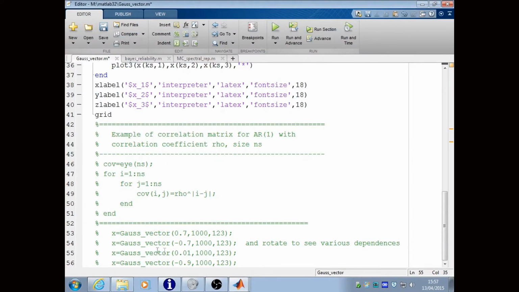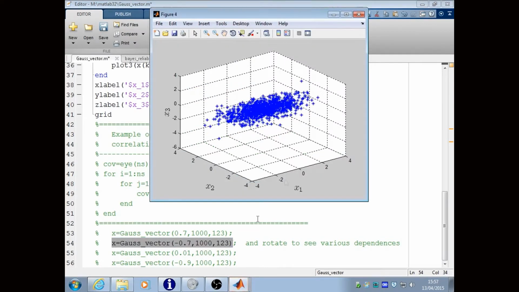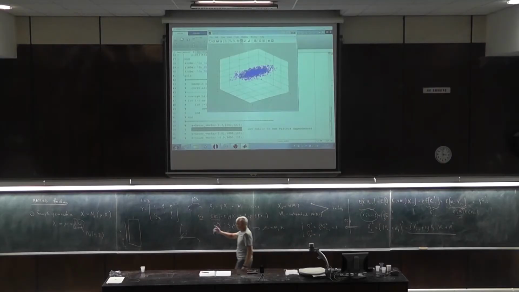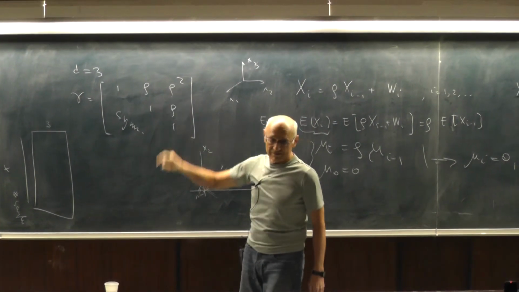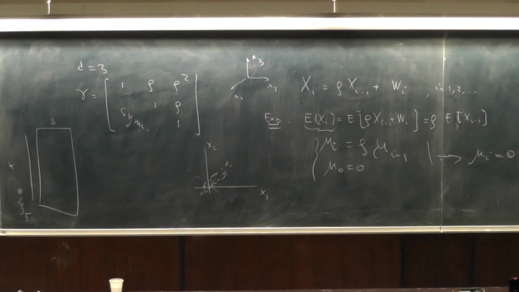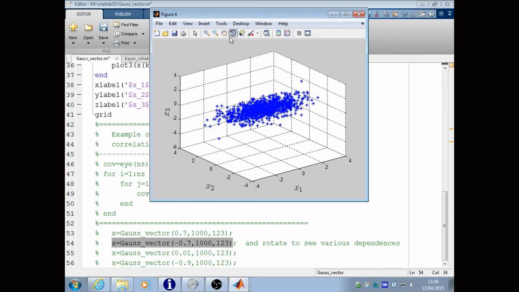Okay. And if you do another, say a negative correlation, again 0.7 negative, of course you have a very different picture, let's see if I can change the view a bit. Here it's a bit interesting, since rho is negative, the correlation between 1, 2 is negative, 1, 3, so we have to see different things. So let's see, can I rotate it? I should be able to rotate it.